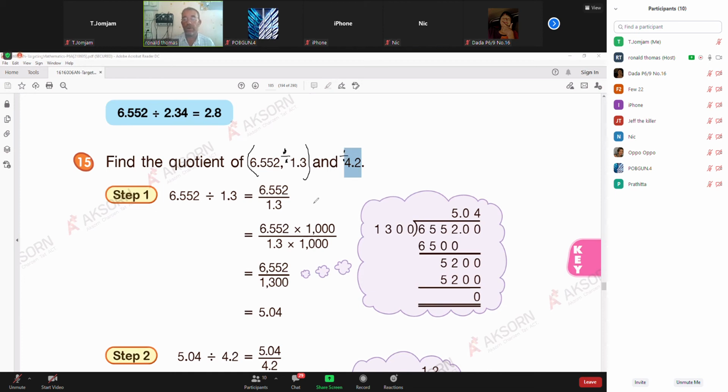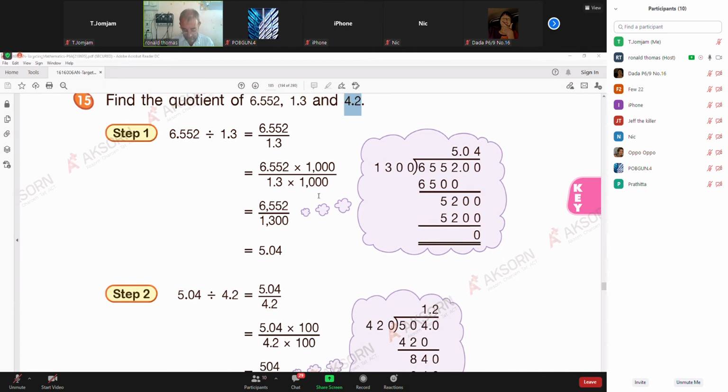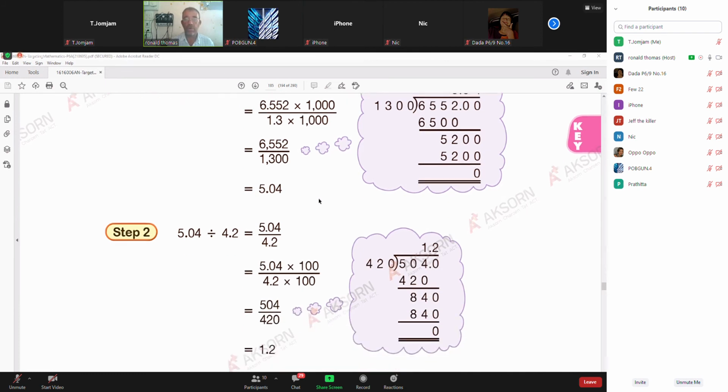So first we divide by 1.3. Go slowly. Step 2, we get our answer 5.04. Step 2, divided by 4.2.